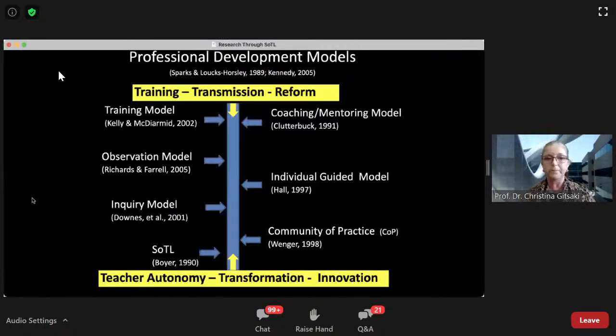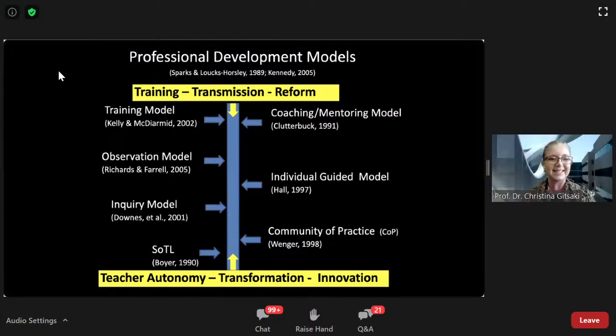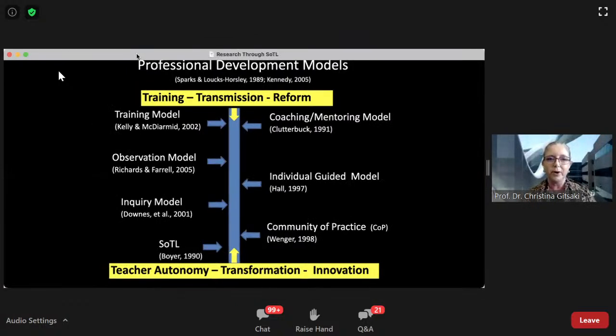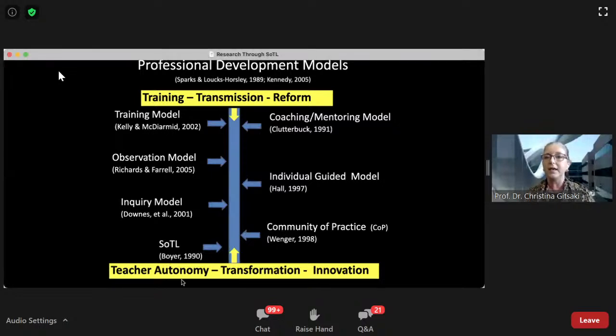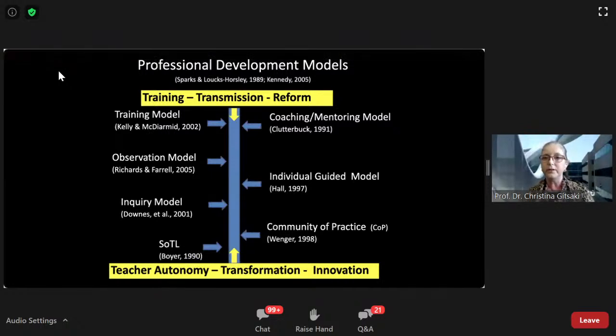We use a variety of different models, but the one that I use for the program that I will be describing today is towards the end of the continuum that addresses teacher professional development from a transformational perspective, where the teacher initiates professional development opportunities and actively tries to improve their teaching practice and bring innovation into their teaching practice.